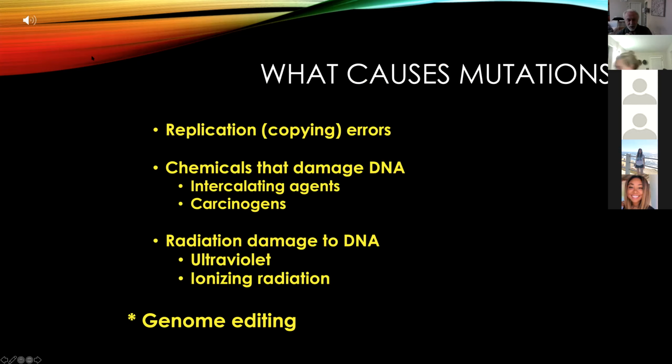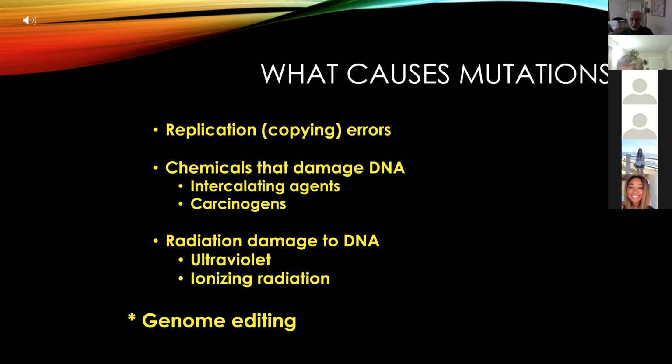Now, what causes mutations? There are a number of different ways that a mutation can occur. One is simply by replicating the DNA. You remember last time we talked about the 6 steps in DNA replication, the enzymes involved. You remember that replication is really done by DNA polymerase 3, but it doesn't do it alone.